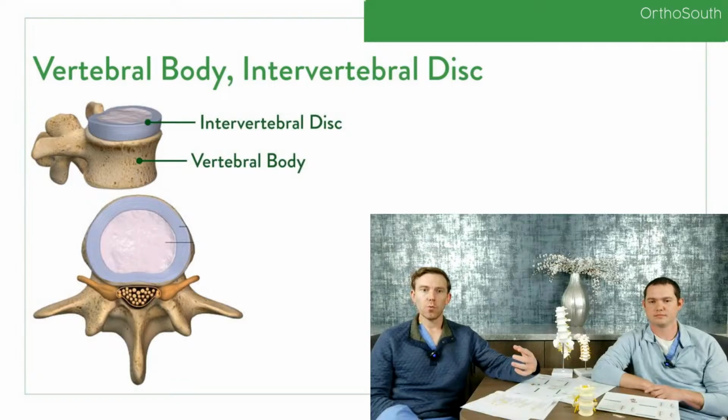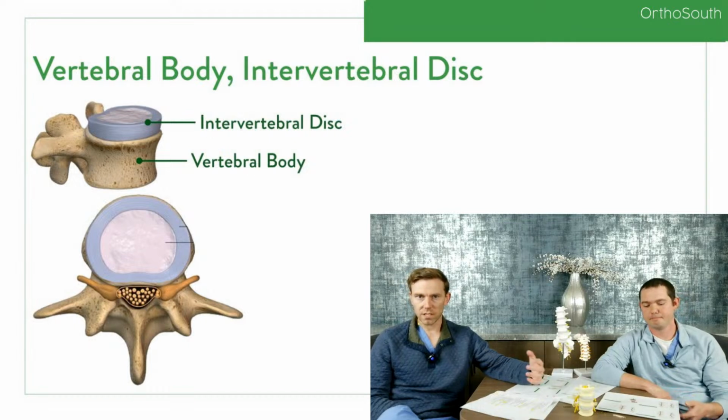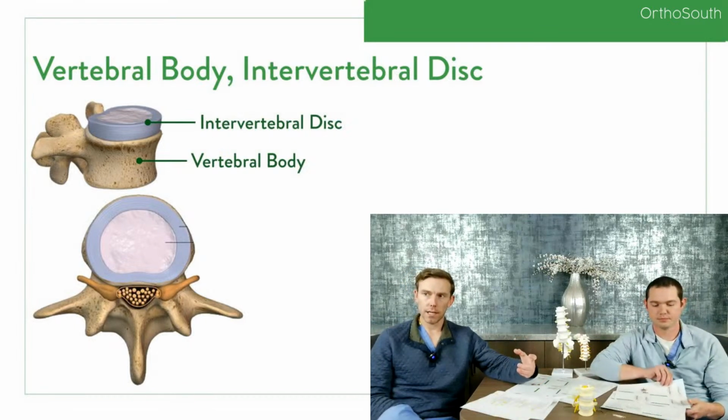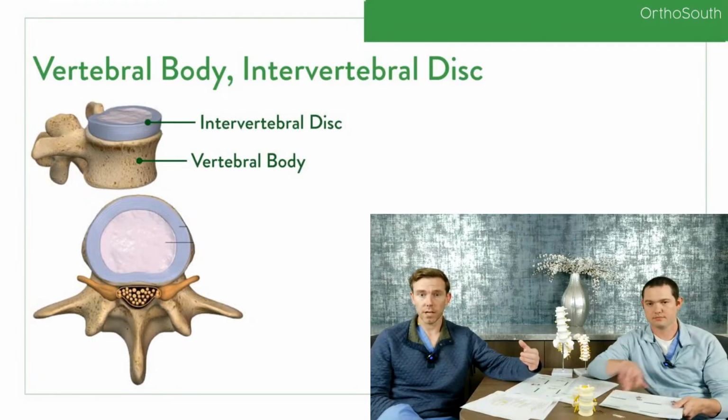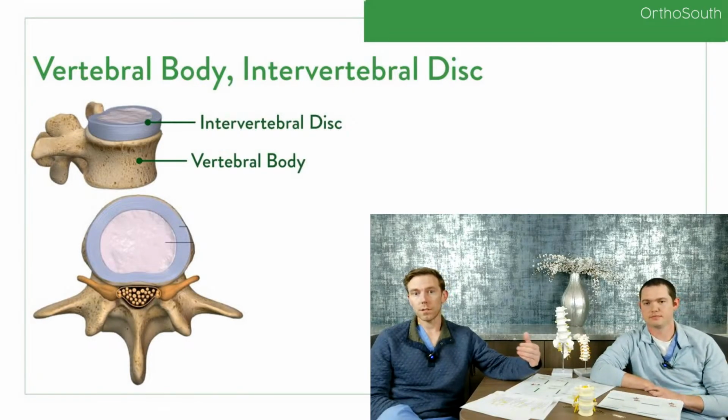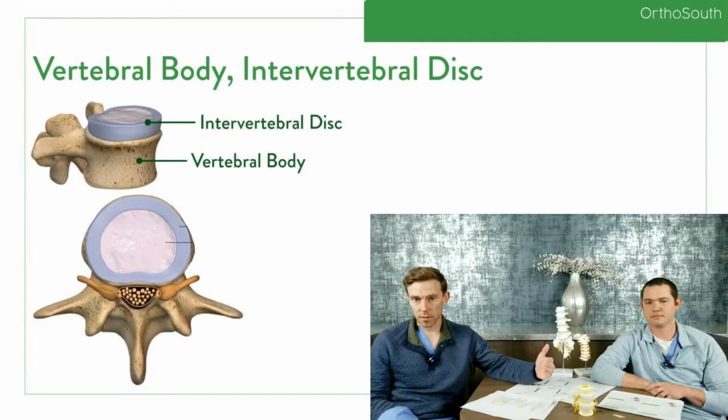So you're able to move your body and your spine because the intervertebral discs allow that movement, whereas the vertebral bodies are made of bone, they're rigid, they in and of themselves do not move at all. But when you stack them on top of each other with discs, you're able to move your neck and spine.